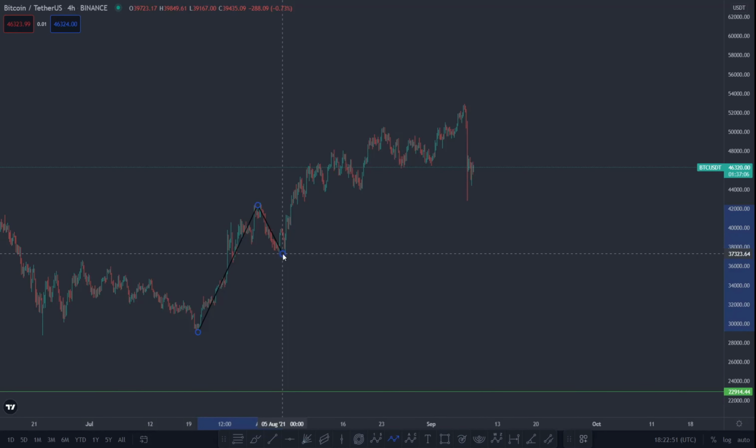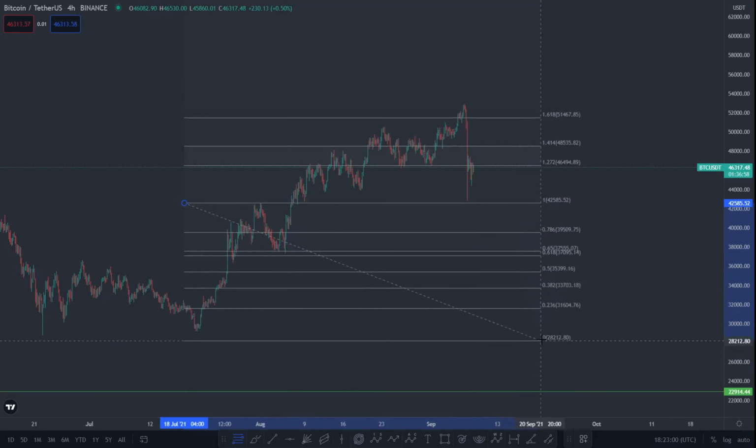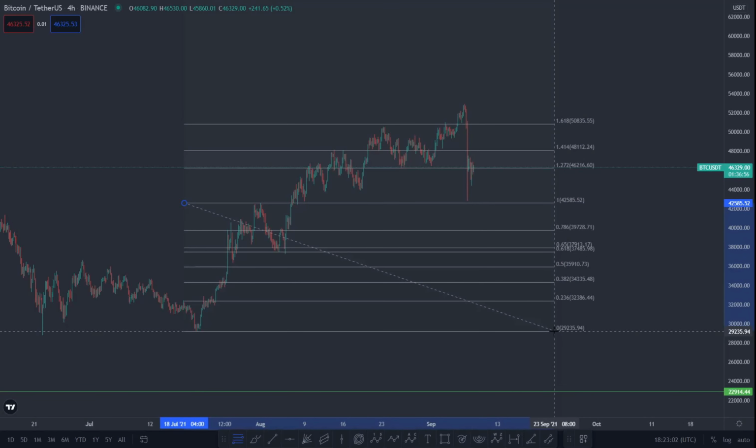First corrective. And then, where does it end? Well, let's use our fib. We take this as wave 1, and we take the low, and what do we see? We see a beautiful chart. It's actually to this level right here.